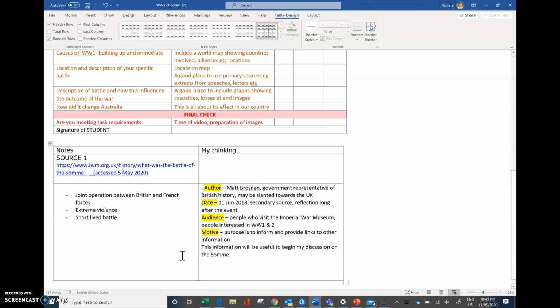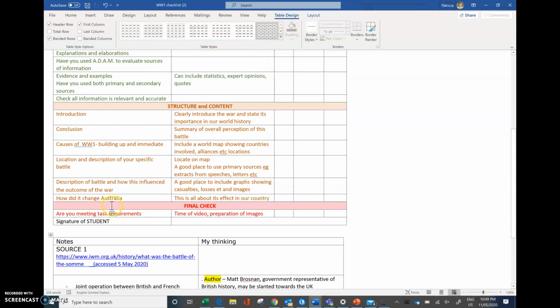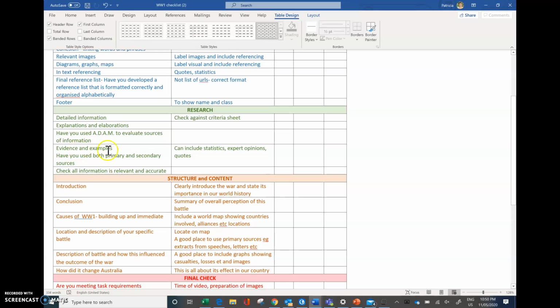That is really what an A student is going to do, all of that. Then we are continuing to work on writing the draft. Have you got evidence and examples? Have you used both primary and secondary sources, particularly with your images?